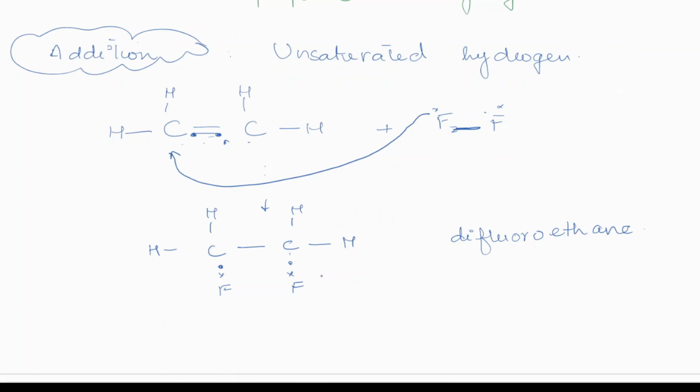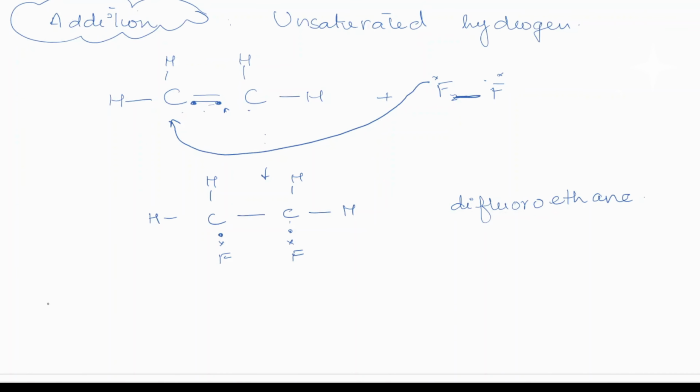Okay. Good. So there is one identification reaction, an identification reaction for alkenes. In this reaction, you put bromine into the alkene. Bromine has a brown color.